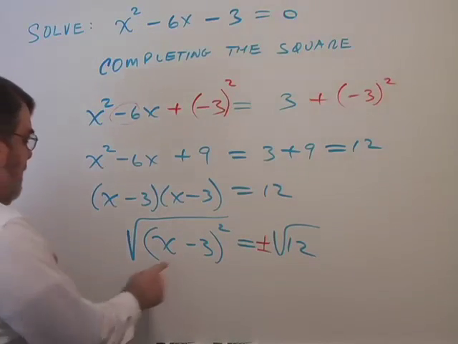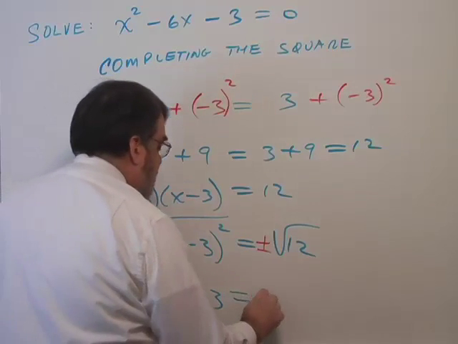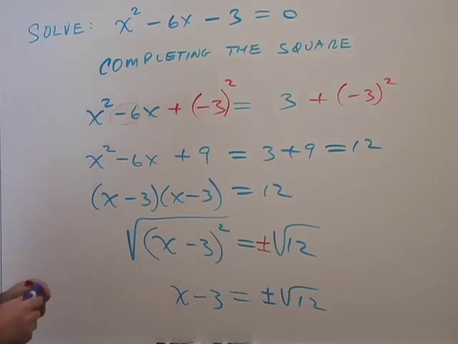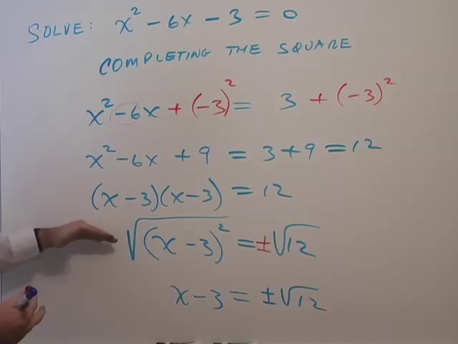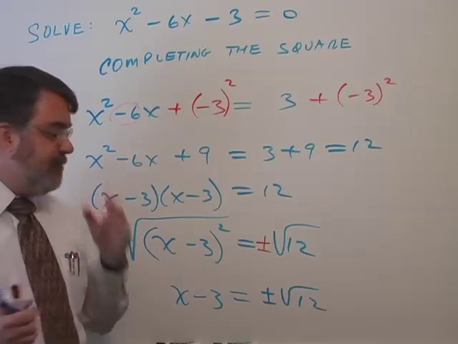And this gives me x minus 3 on the left side equals plus or minus the square root of 12. So there we go, and we're almost done with it, but that's the idea of completing the square: it brings you to a point where you can use that square root method.